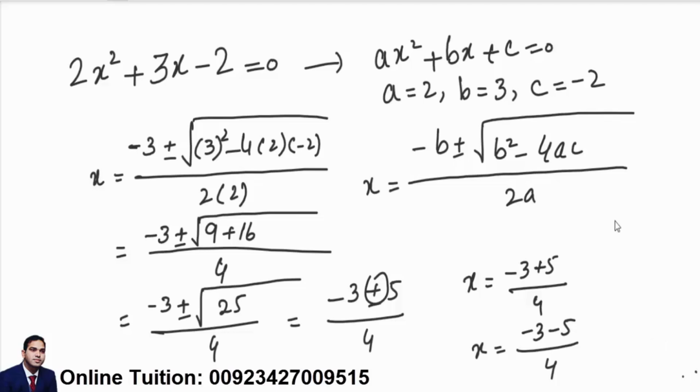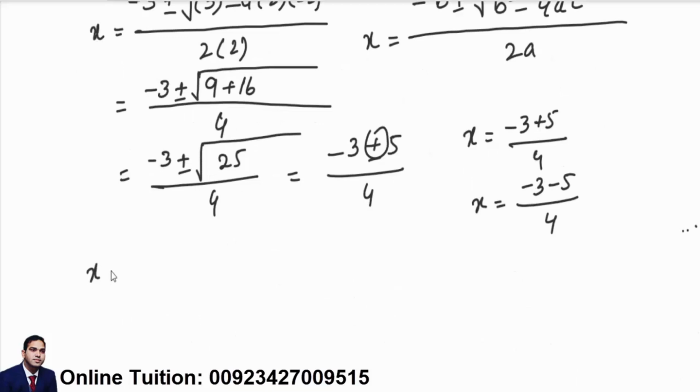So x is equal to negative 3 plus 5, which is 2, divided by 4. So the answer for this x is: 2 ones are 2, 2 twos are 4, so 1 over 2.